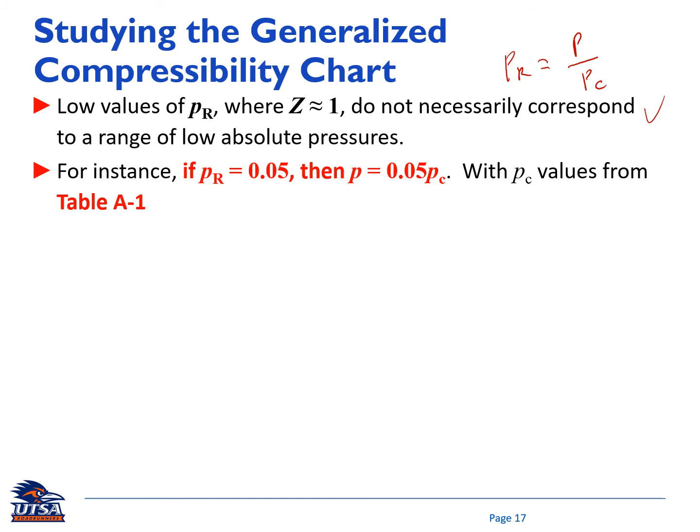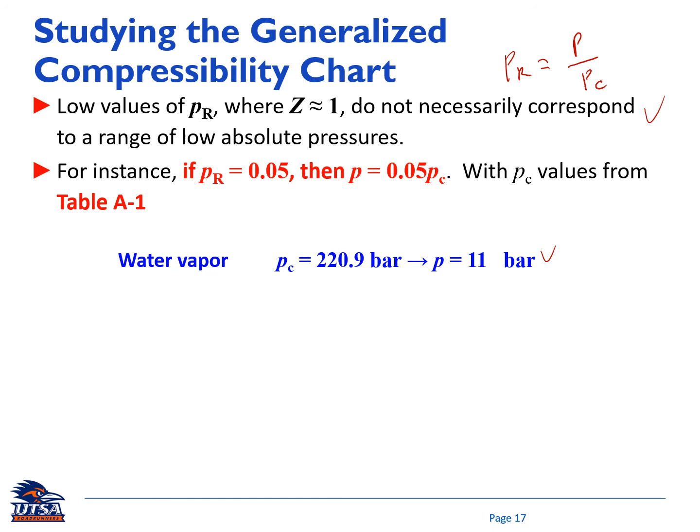Now go to Table A1 and see, one by one, water vapor. There you see that PC equals 220.9 bar. If I have PR equal to 0.05, then the pressure of the water vapor is 11 bar. 11 bar is not a low pressure, it's high pressure.